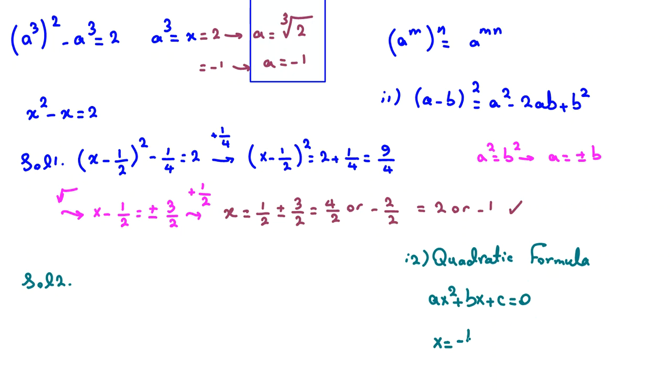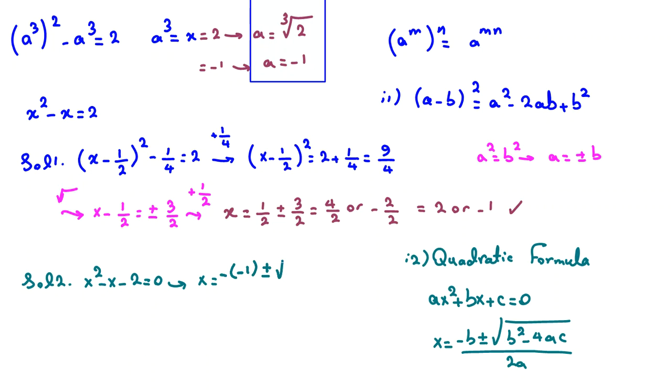Then x equals negative b plus or minus the square root of b squared minus 4ac, all over 2a. And here, x squared minus x is 2, so x squared minus x minus 2 is 0. If we apply the quadratic formula, it's negative negative 1 plus or minus the square root of negative 1 squared minus 4 times a is 1, c negative 2, over 2a, which is 2 times 1.